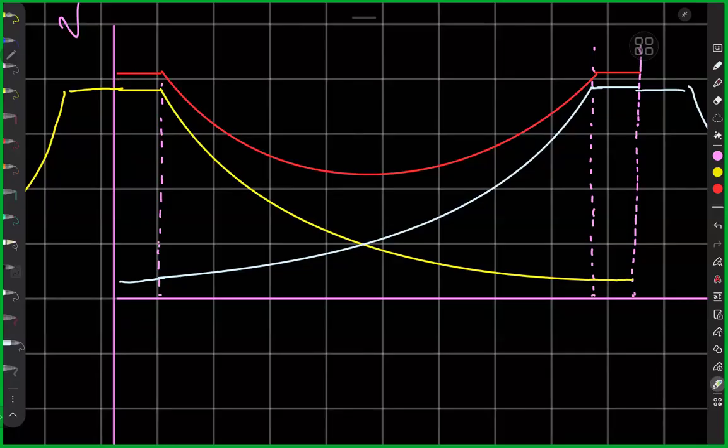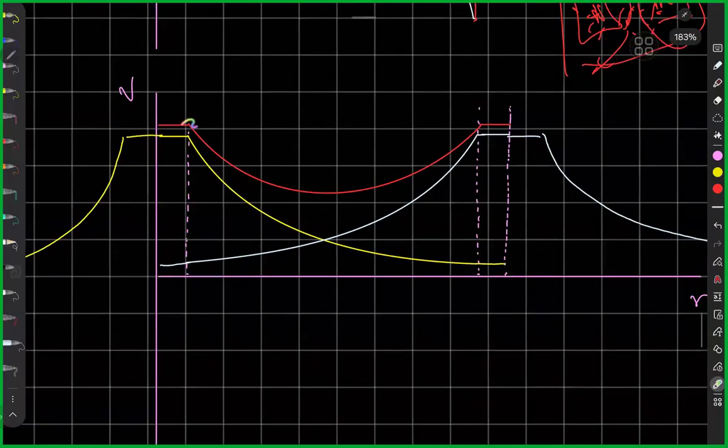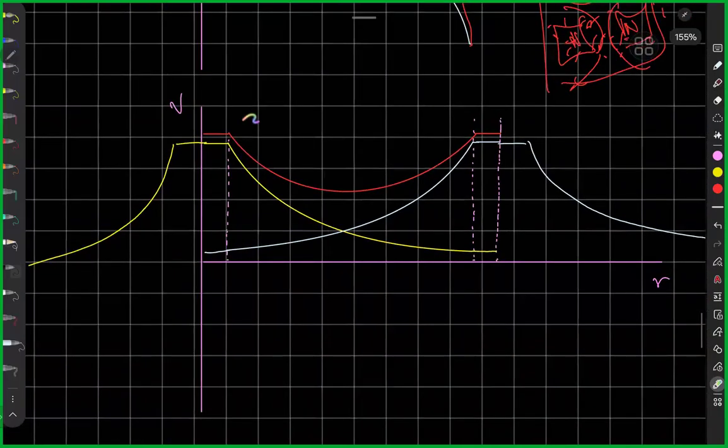But if I were to draw, I would draw it somewhat like this, because when you add this, it is a bit slanted. So it's not exactly a horizontal line. Now you continue doing that for all the possible points.